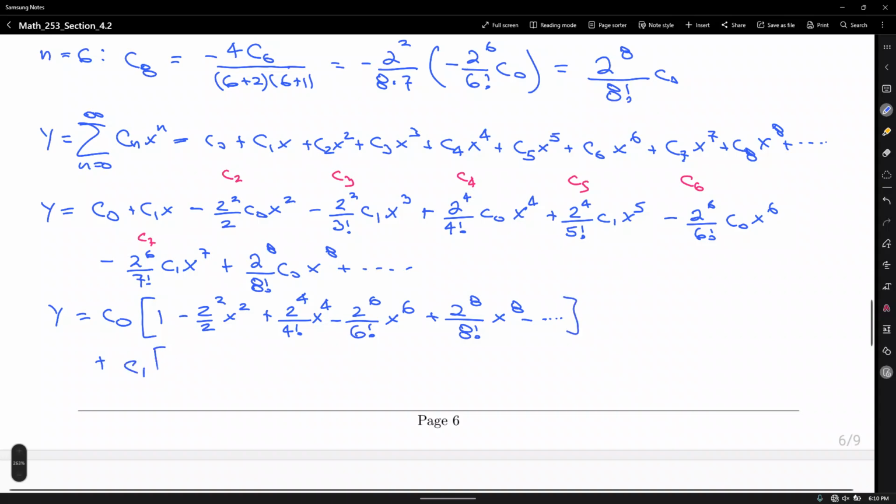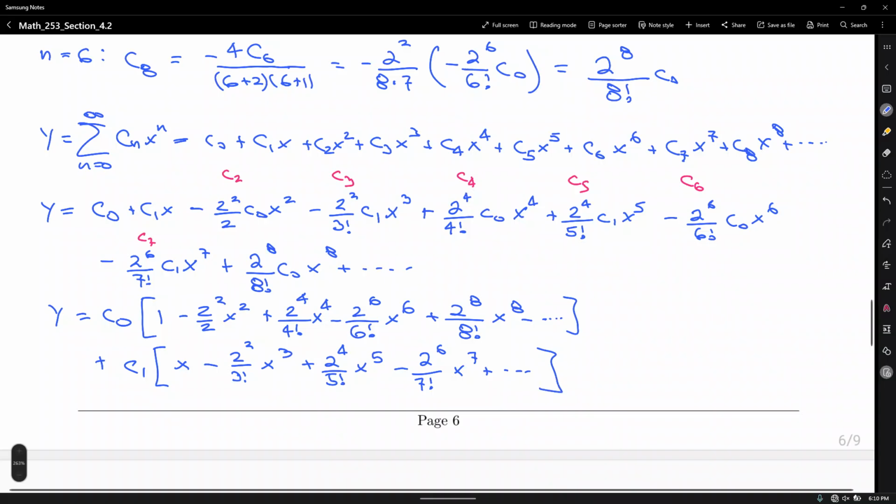So c sub 1, x minus 2 squared over 3 factorial x cubed, and then plus 2 to the 4th over 5 factorial x to the 5th, and then another minus 2 to the 6th over 7 factorial x to the 7, plus infinitely many terms.